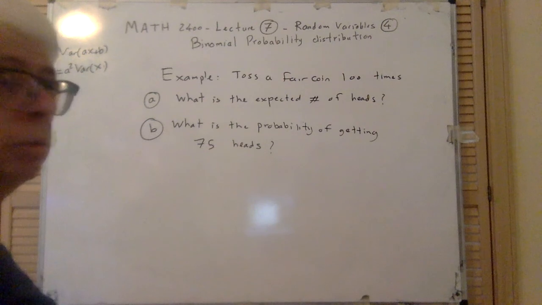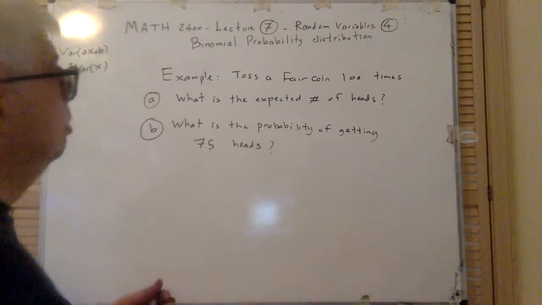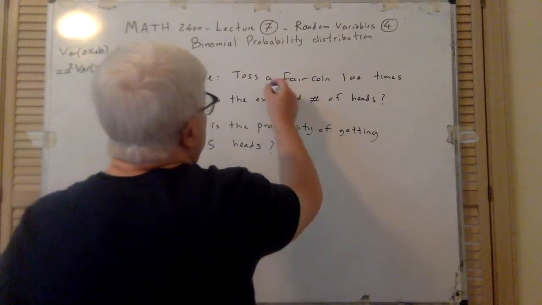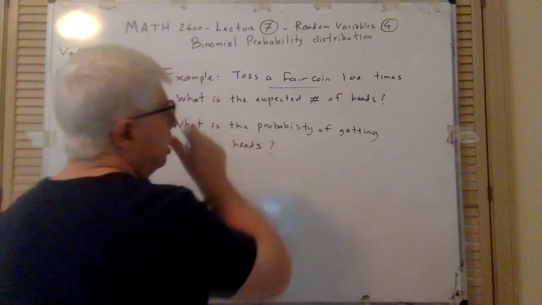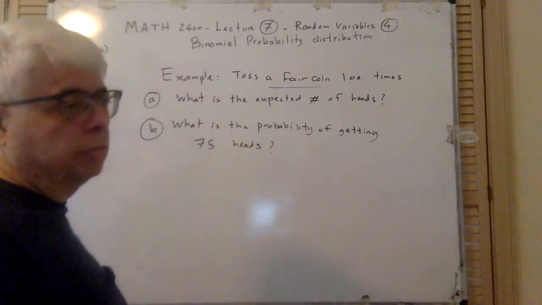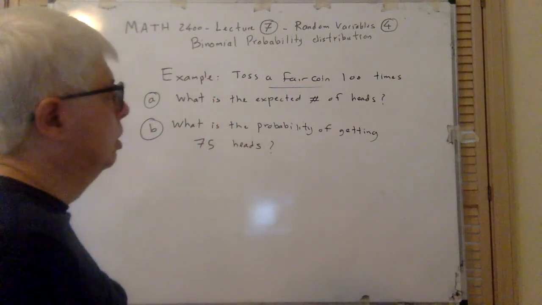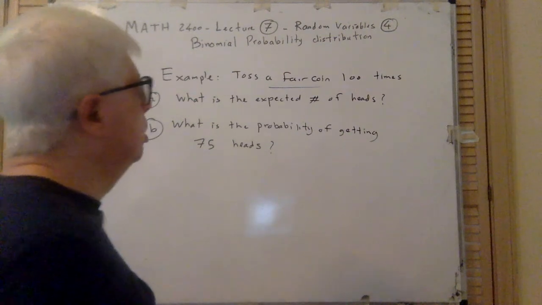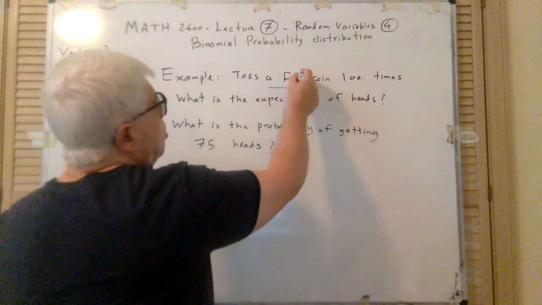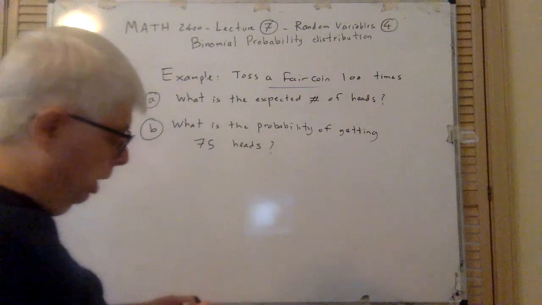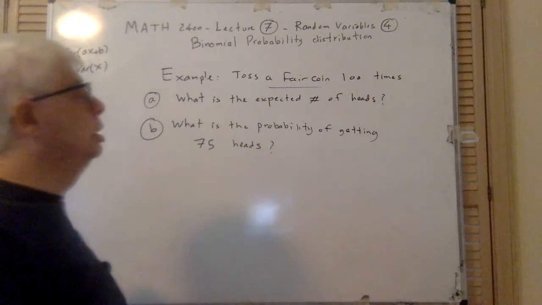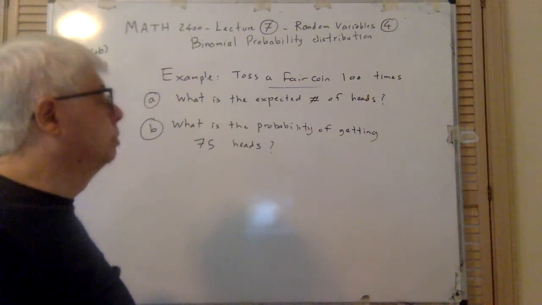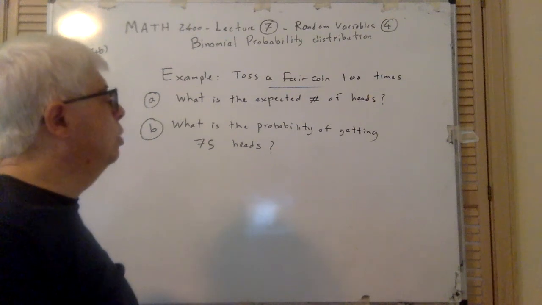A fair coin means what? It means the probability of getting a head is 1/2, or 0.5. So a fair coin or a fair die, for example, means that the probability of getting any number on the die is 1/6. Fair coin means 1/2.